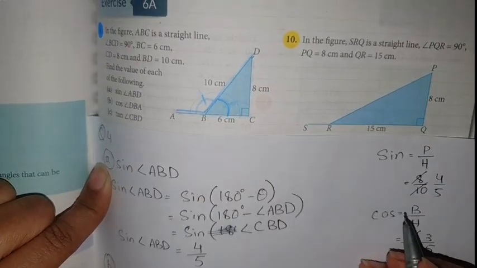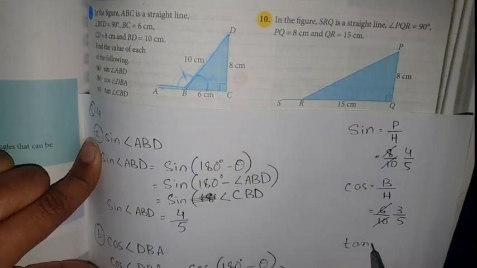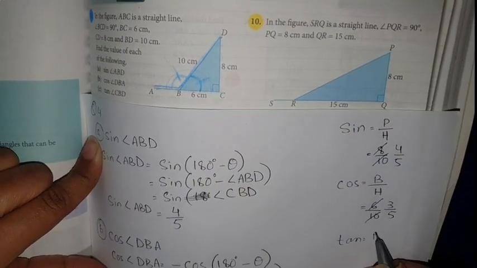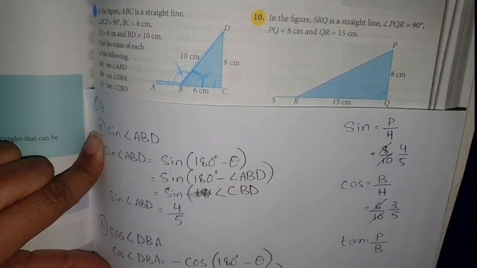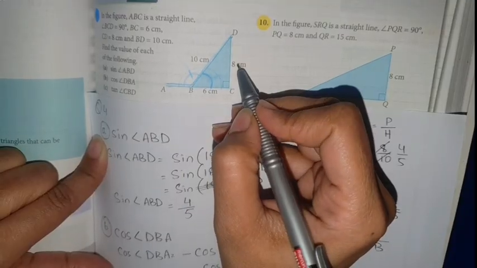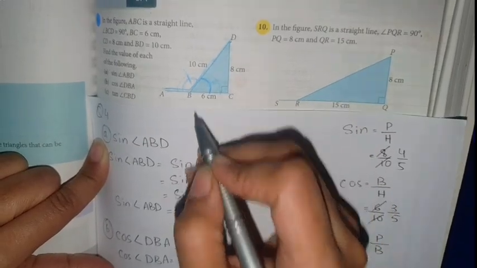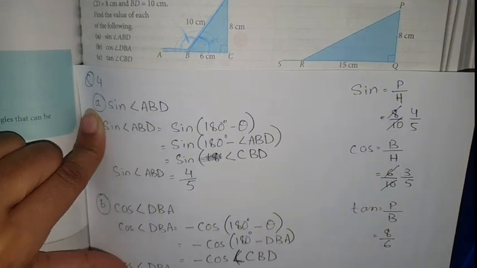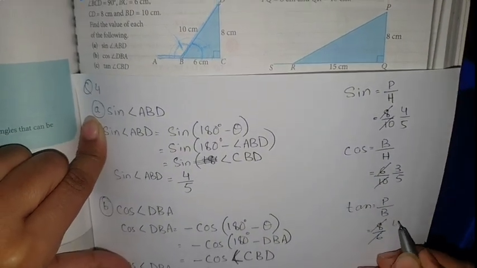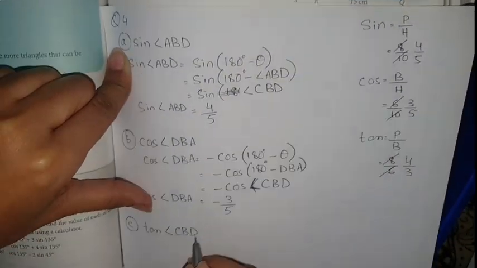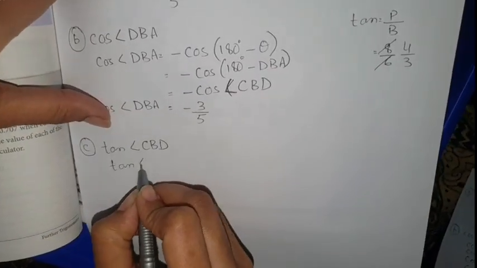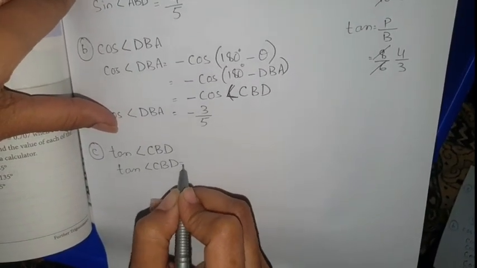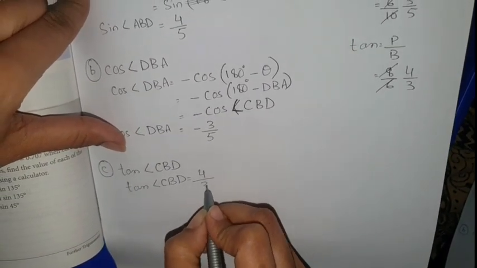Tan is very simple: the trigonometric ratio for tan is perpendicular upon base, and for this angle the perpendicular is this side, so it's 8, and this is 6. So you write 8 upon 6, and if we simplify, we get 4 upon 3. So tan angle CBD is equal to 4 upon 3.